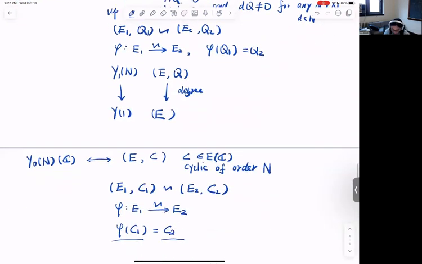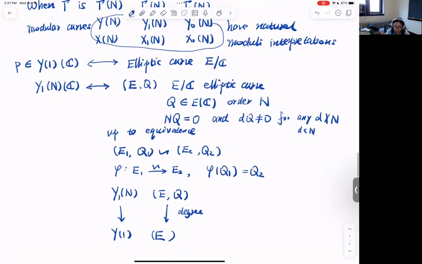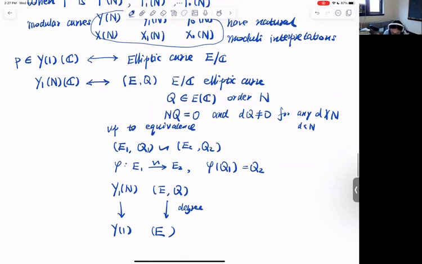So the point is there's a difference between Y0 and Y1. Y0 is parameterizing E together with a cyclic subgroup of order N, but it does not pick out which generator it is. And for Y1 it explicitly picked out an order N element.